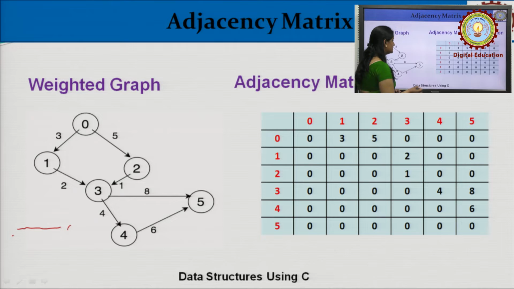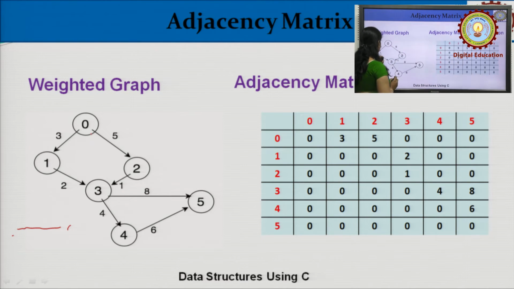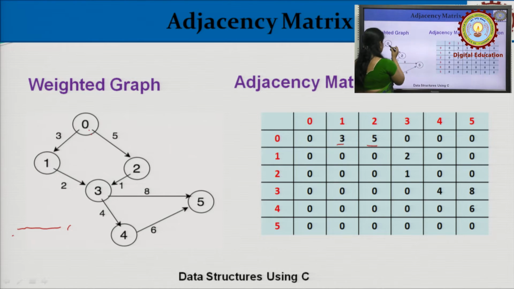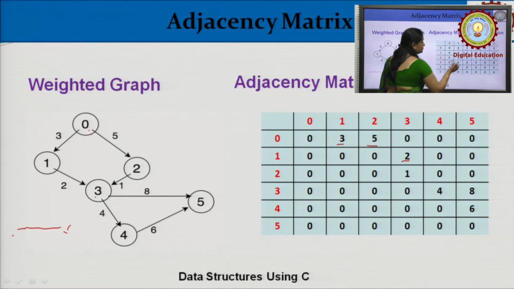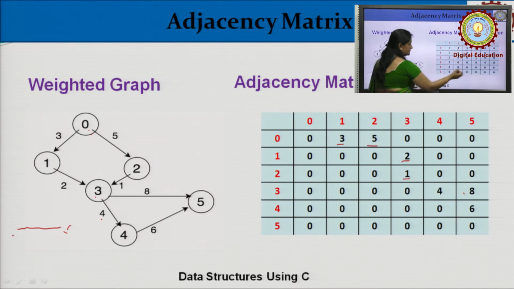There are vertices 0, 1, 2, 3, 4, 5. 0 is adjacent to 1 and 2. The weight from 0 to 1 is 3 and from 0 to 2 is 5. 1 is adjacent to 3 only and weight is 2. 2 is adjacent to 3 and weight is 1. 3 is adjacent to 4 and 5, weight is 4 and 8. 4 is adjacent to 6, weight is 6.